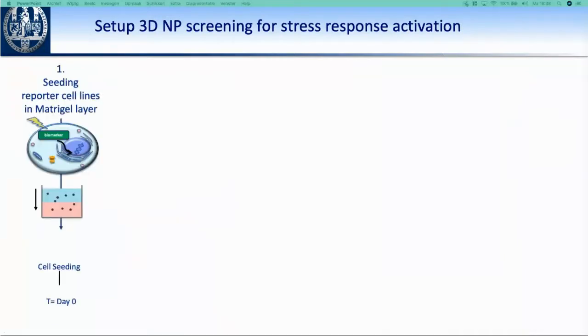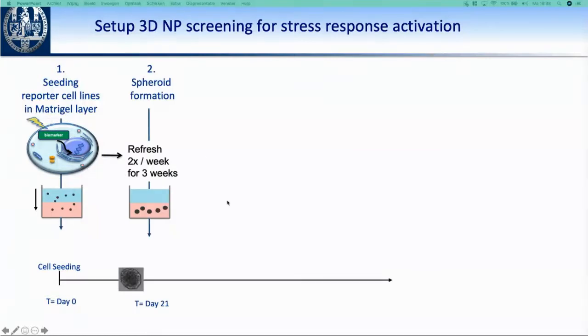So what would be the typical setup for screening of nanoparticles using this 3D setup with these Hep2 GFP reporters? On day 0, we can seed these specific reporter cell lines in this Matrigel layer, and then refresh 2 times a week for 3 weeks to allow for spheroid formation, so they become like this in the photo on the bottom.